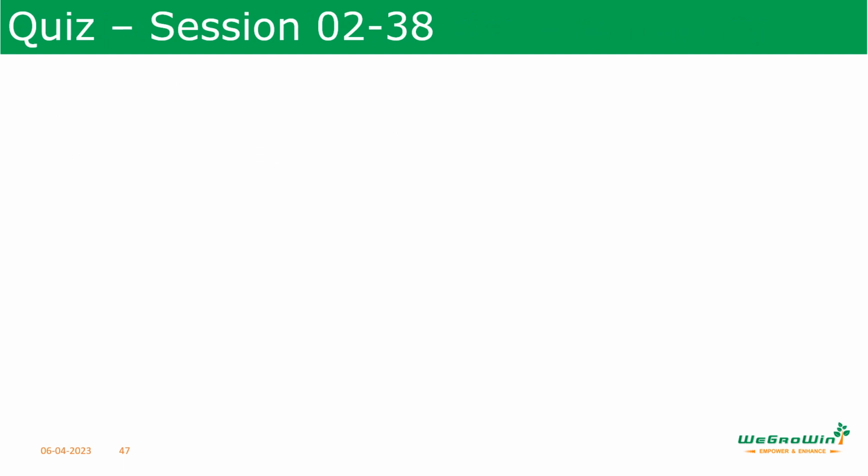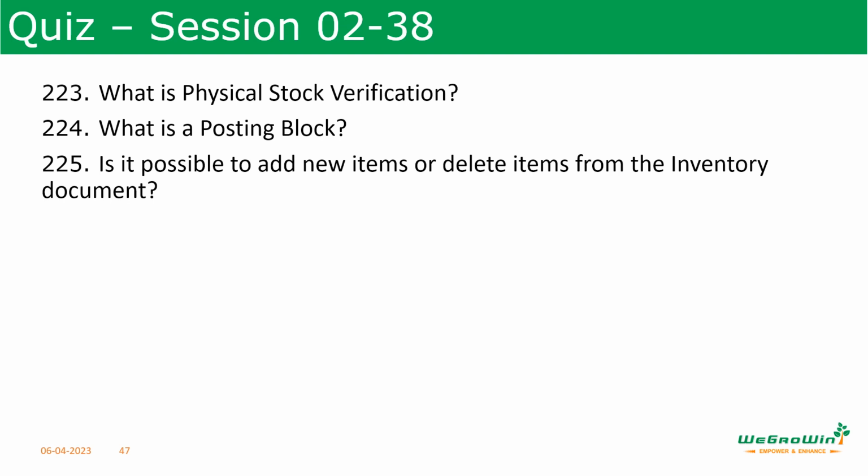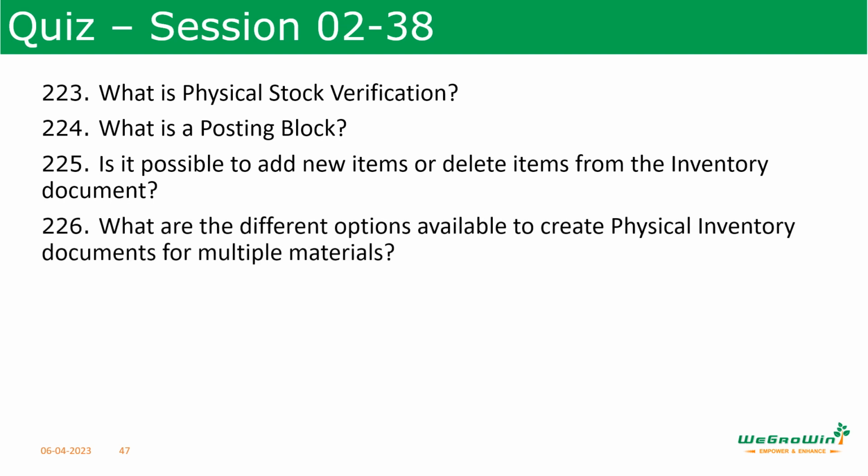Now let us see some quiz questions for this session. What is physical stock verification? What is posting block? Is it possible to add new items or delete items from inventory document? What are the different options available to create physical inventory documents for multiple materials?